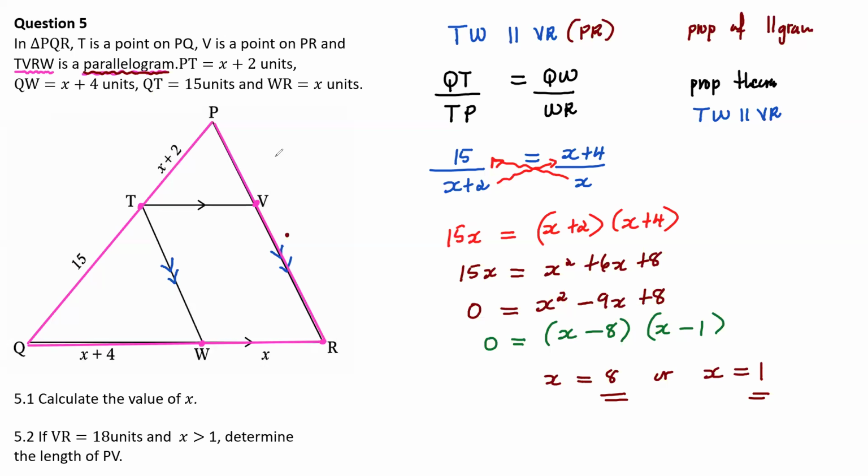parallelogram, which means my shape, whatever it is, has opposite sides that are parallel. So TW and VR, and I can even stretch it, PR are parallel. Then I said QT over TP, what I do on one side, I do on the other, QW over WR.